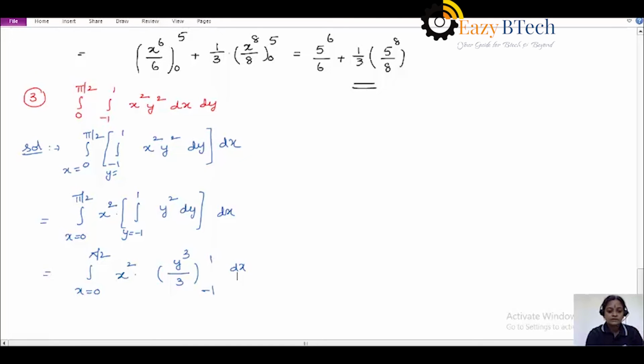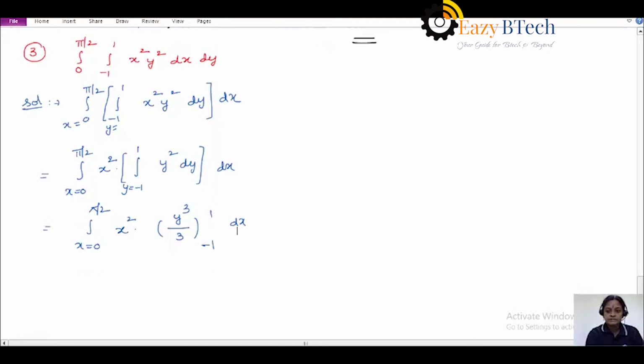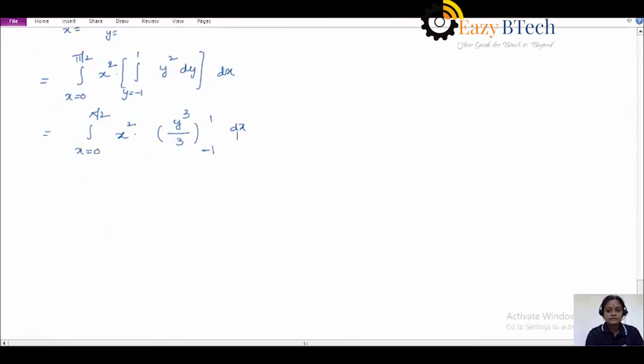Before applying the limits, making 1 by 3 as a common, this constant value, and integral x is equal to 0 to pi by 2, x square, and for upper limit 1 cubed minus, for the lower limit, minus 1 cubed dx.